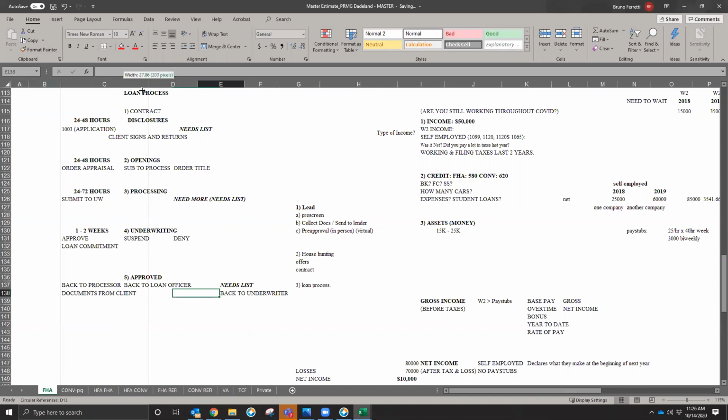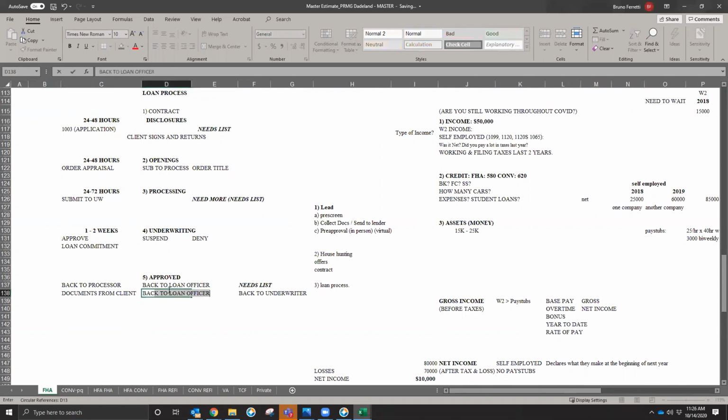So after approval, loan goes to the processor, to the loan officer, to the client, then from the client, back to the processor, back to the underwriter. It's basically just going back the way it came. Remember, the middleman is the processor. She's always intertwined in between us and the underwriter.